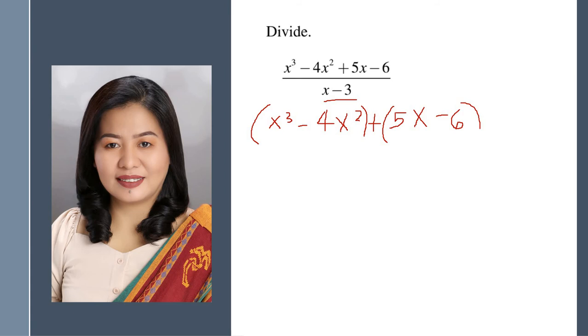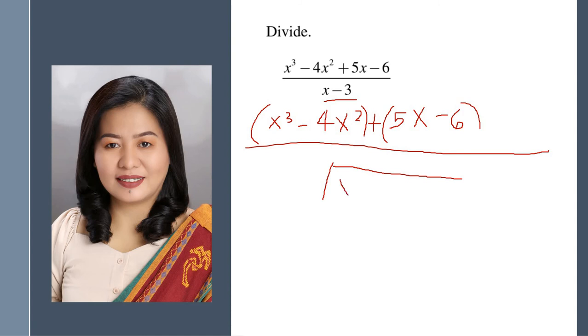So we'll have to do a long division. I will not erase that one so that you will see. I'll use the long division method, just like how you do it with whole numbers.